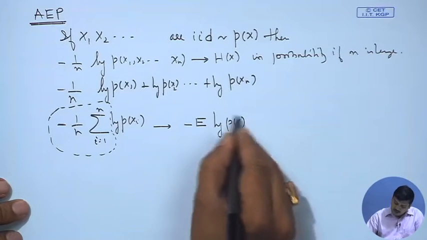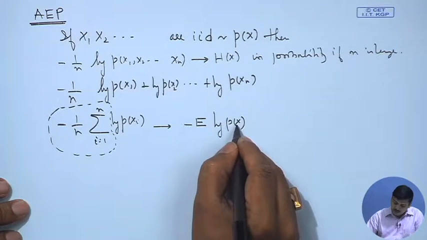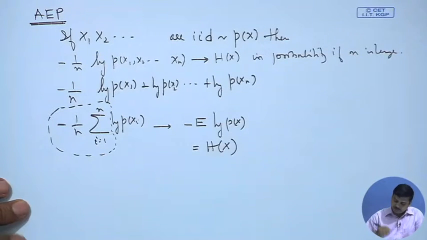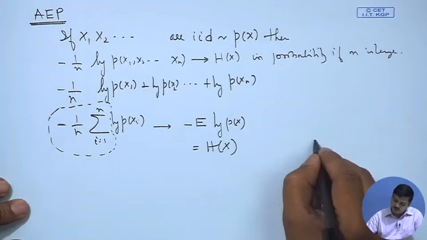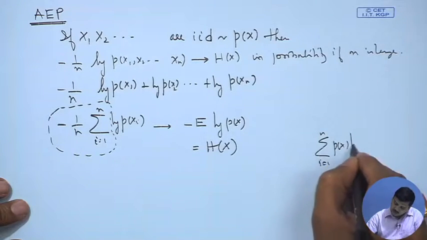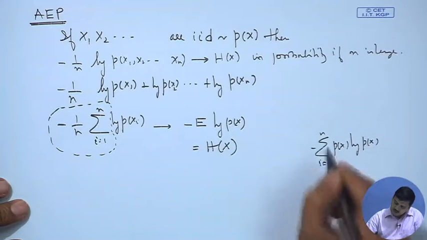So minus expectation of log p of x, if we remember, we could write this as h of x, because h of x was defined as the sum over i equals 1 to n of p(x) log p(x) with a minus sign.